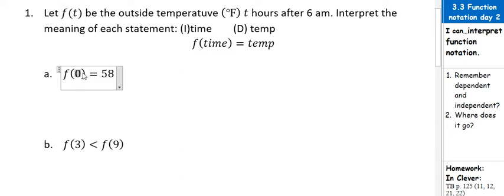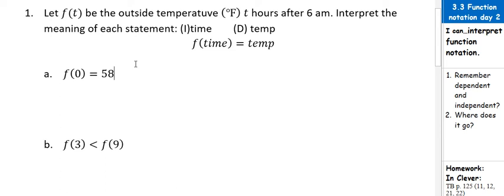I know that because it's in parentheses. It says t hours after 6 a.m. So basically, 0 hours after 6 a.m. What time is it 0 hours after 6 a.m.? It's 6 a.m. What does 58 mean? Well, 58 is what came out of this, which is a temperature. So 58 degrees Fahrenheit.